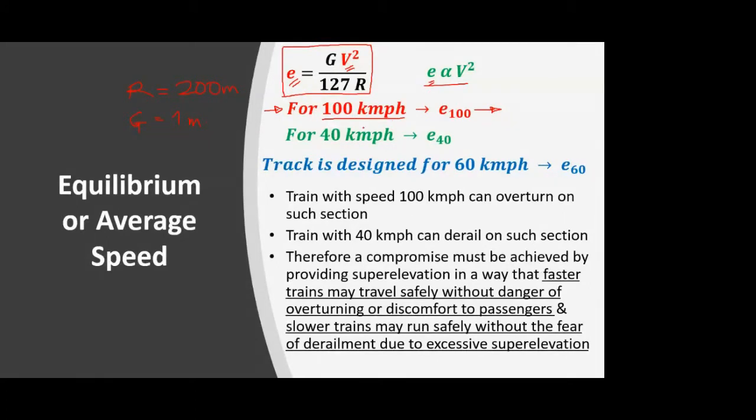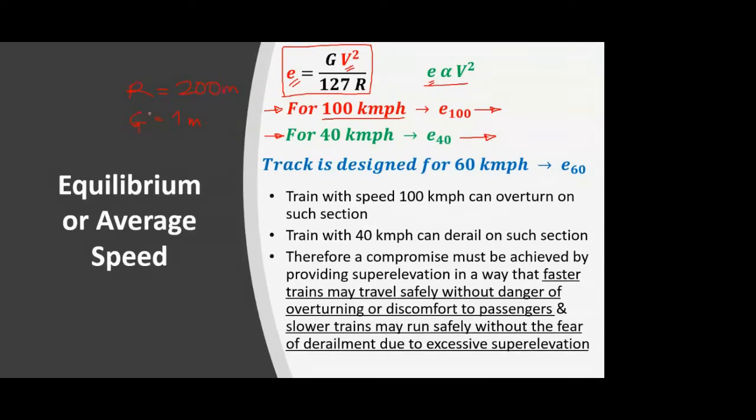So this is the E value for speed 100 kmph, and there is another train which is moving with a speed of 40 kmph. For that, if you calculate the E value, it will be different. I have just coded the values here as E100 and E40. E is nothing but the superelevation, and 100 corresponds to the speed of 100 kmph.